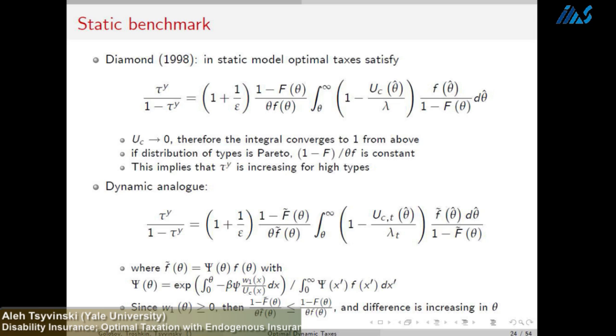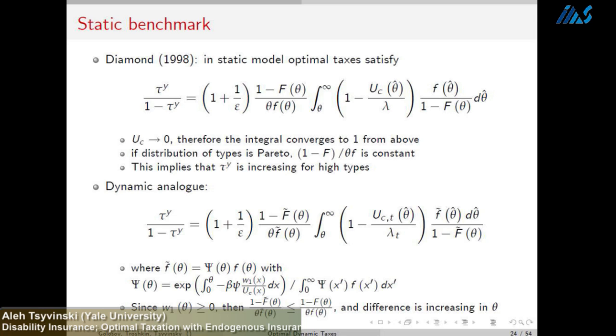So the second force, which is something that Ilya talked about today, and it also shows up not only in the optimal taxation exercise, but in many, many other applications as well, is the tail ratio. The number of people above a given type divided by the number of people at your own type times your type theta. So it's 1 minus F of theta divided by theta times f of theta.